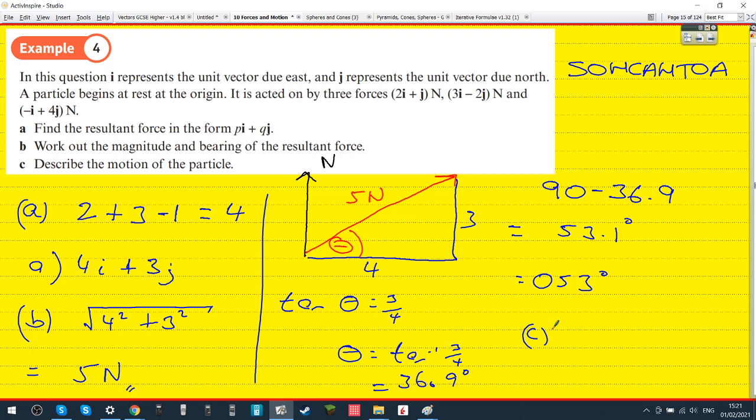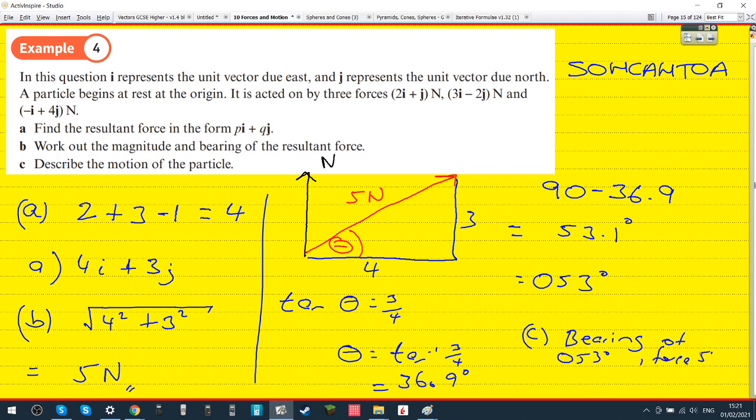So if I have 4I plus 3J, is it going upwards by 5 newtons or something? Yep, it's on a bearing of 153 degrees with a force of 5 newtons.